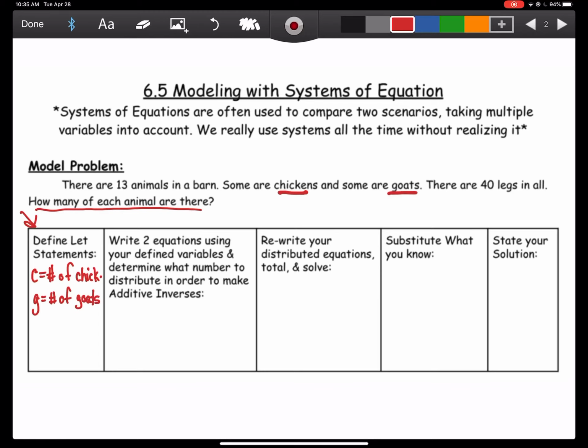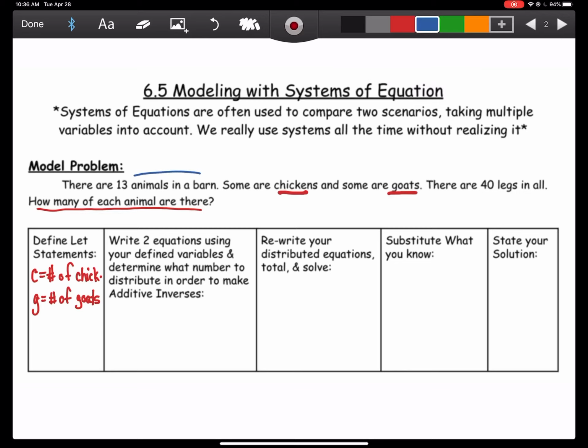Okay, the next part of this table says write two equations using your defined variables, so that's C and G, and determine what number to distribute in order to make additive inverses. So we're going to take C and G, but we're going to go back to the problem and read what tells me some more information about chickens and goats.